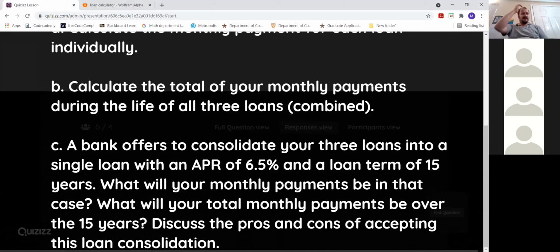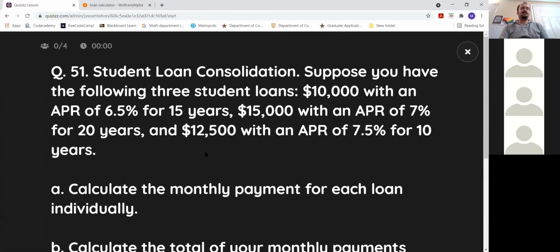Is it worth consolidating your loan? So go find some technology, figure out these numbers, and answer these questions. Are we going to use a loan calculator for this? Yeah, use whatever you want. I just want you to get a grasp of doing something that's not by hand.